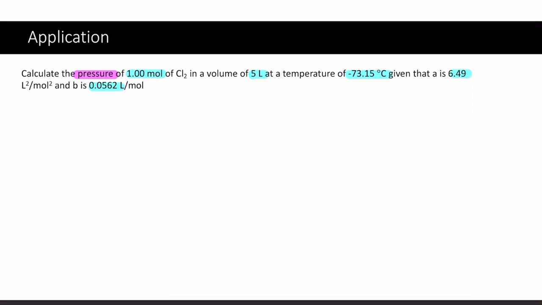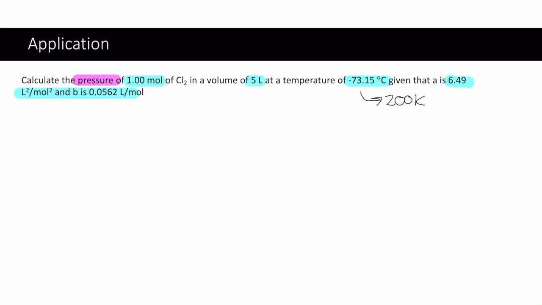Before we begin this question, we must convert Celsius into kelvins. You do this by adding 273.15 onto the Celsius, which in this case will give us 200 kelvins. And now we have to write the van der Waals equation.